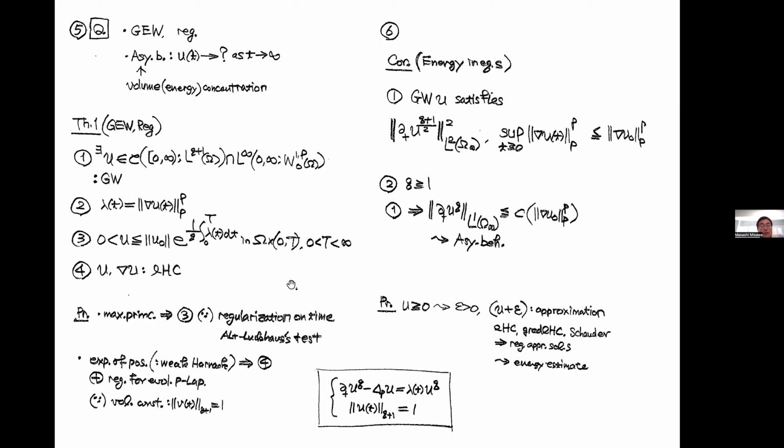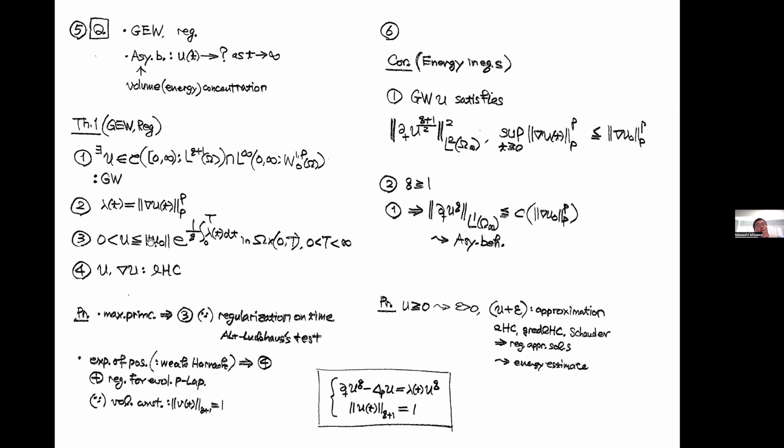Later, if we have time, I would like to explain the precise proof, but I want to emphasize that positivity of the solution is very important in our proof. You know that our equation satisfies the so-called comparison principle, but in the case that q plus 1 is equal to p star, which is the Sobolev critical case, we have no good comparison function to show positivity for all time.